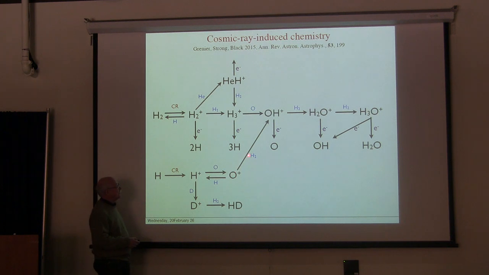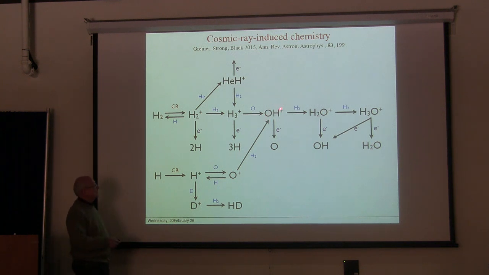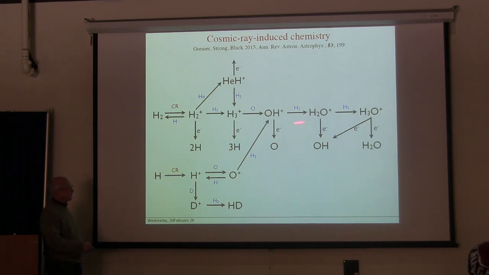If that finds a hydrogen molecule, then it goes very rapidly and directly to OH+, which, depending on the molecular fraction of the material and the electron fraction, will either go on through additional steps with H2 to form H2O+ and H3O+, at which point it's saturated, or will recombine with an electron through dissociative recombination.